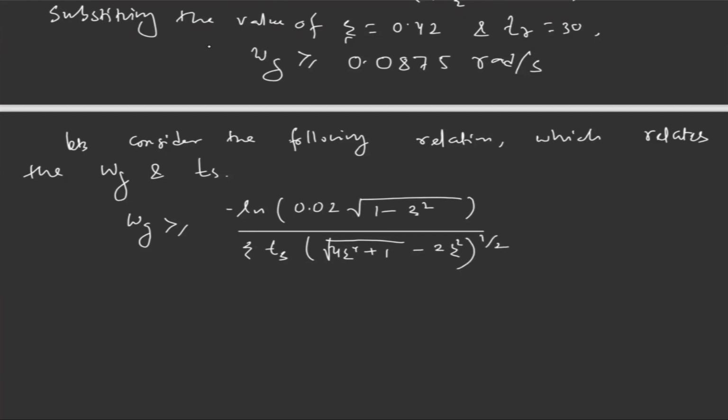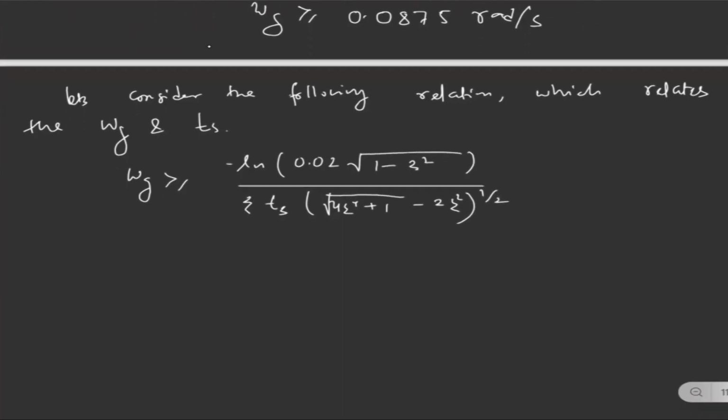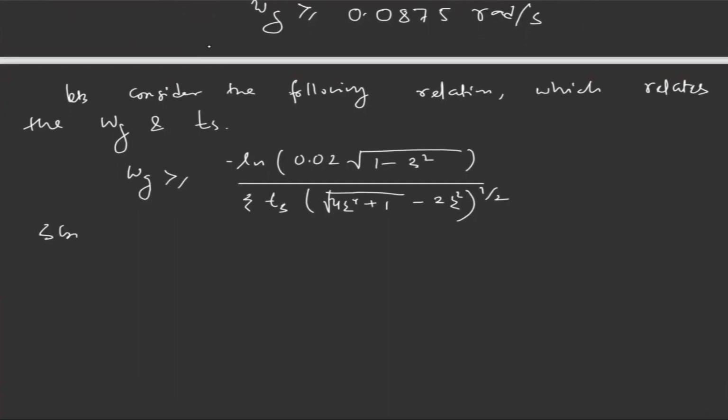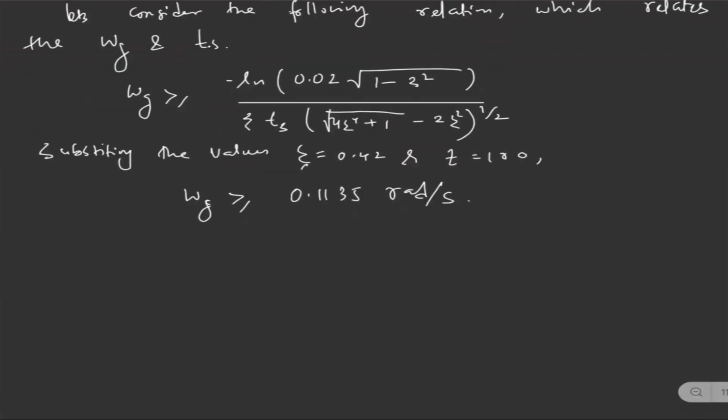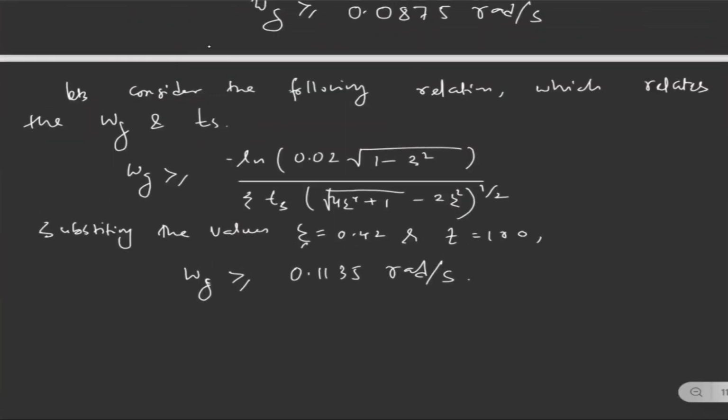And substituting the values of zeta equal to 0.42 and ts equal to 100, omega g is found to be greater than or equal to 0.1135 radian per second. Let's put some margin because we are getting two different values for omega g.